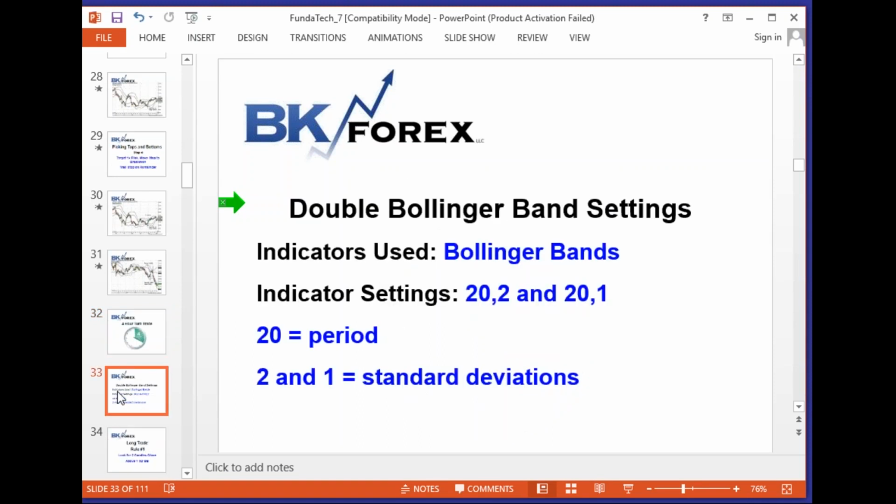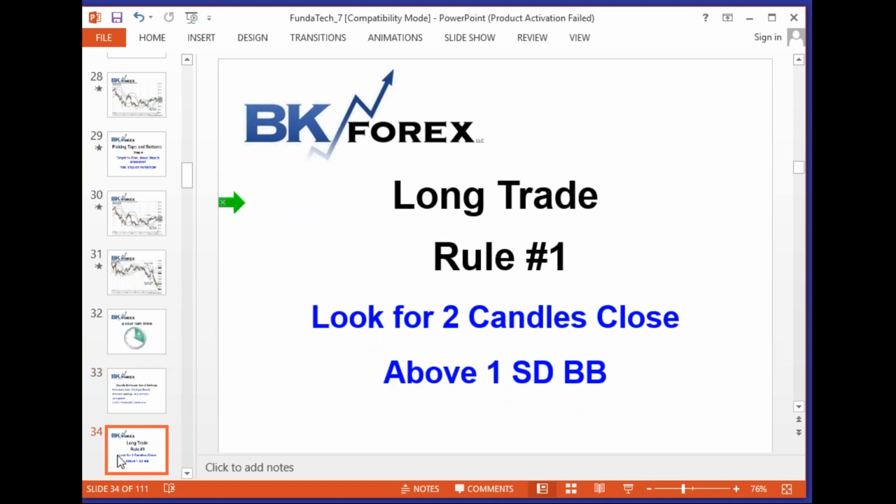What you want to do is use the same Bollinger Band settings: 20 period, 2 standard deviation, 20 period, 1 standard deviation, but you're using 4-hour charts.